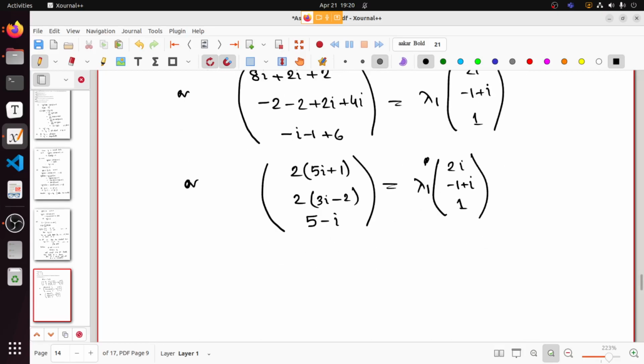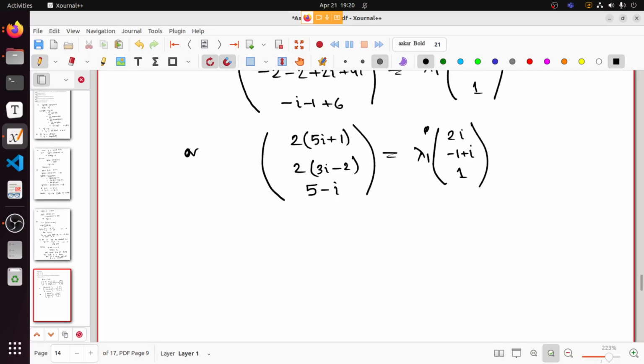So the left hand side we have to write in terms of this vector. The last entry is 5 minus i into 1, so 5 minus i will be the lambda 1, which will be multiplied.